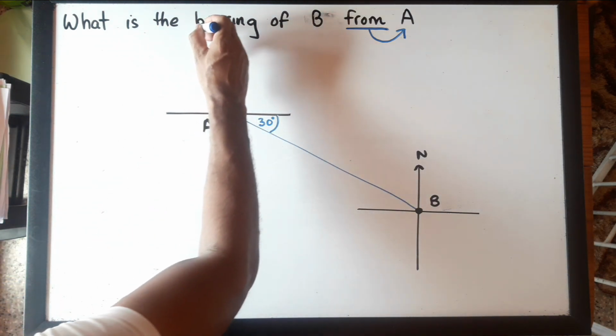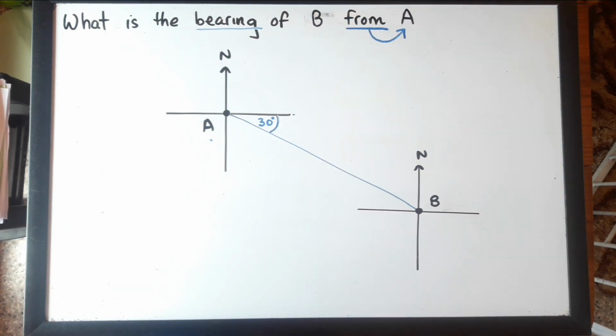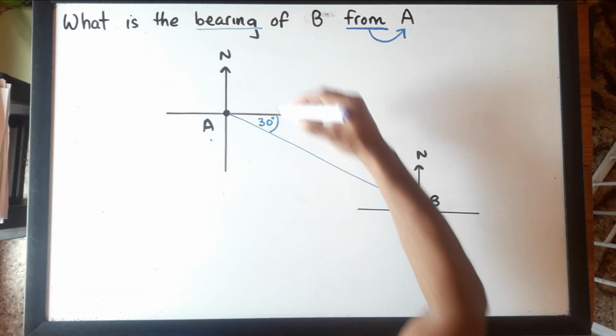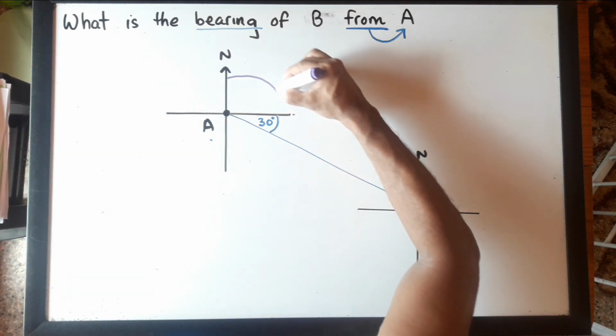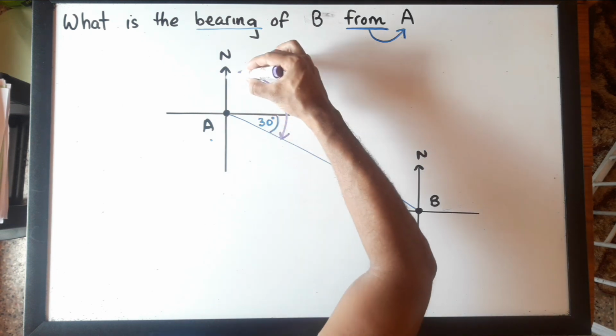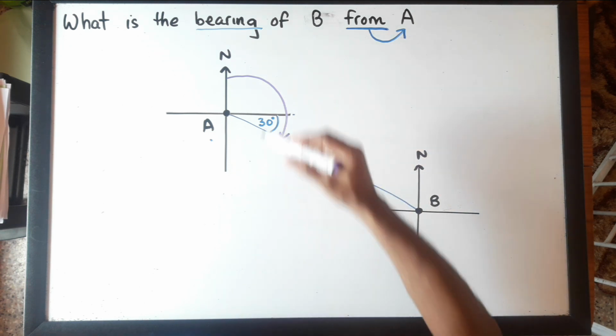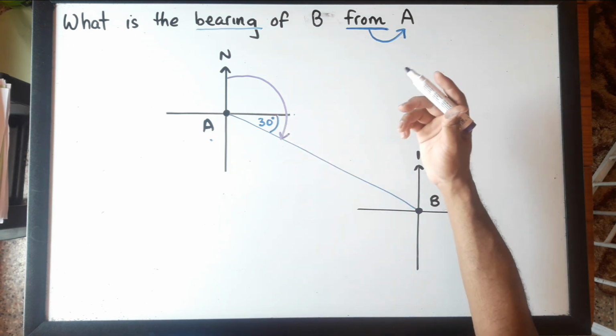So they're asking you, what is the bearing? Well, they gave you from here to here as 30 degrees, but that's not the full angle, because bearings are always measured from north. So they're actually asking you for that purple angle from north in a clockwise direction to this line. Now here's where you have to use a little bit of common sense.